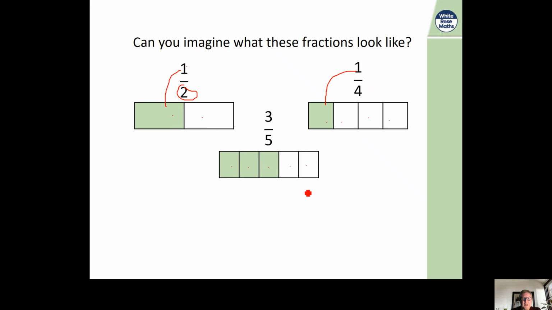Yep, I heard someone say absolutely. So it's 5 equal parts. What does the 3 represent? That's correct. It's the 3 equal parts out of the 5. So now we've got 3 out of 5.